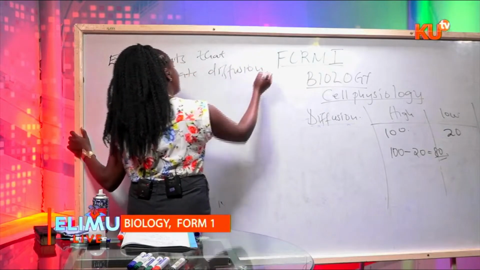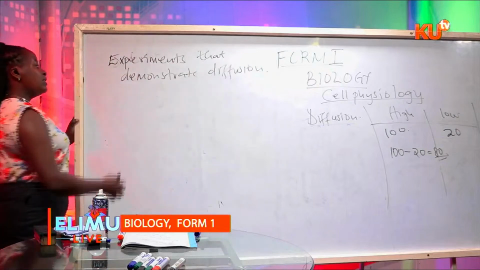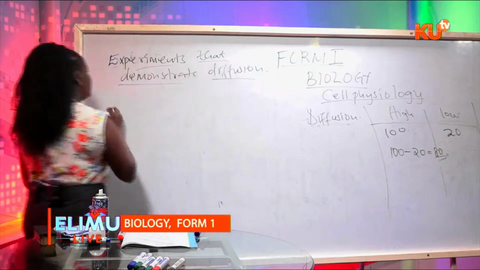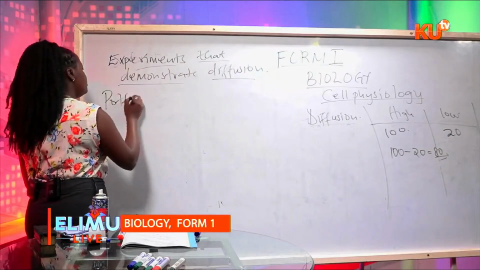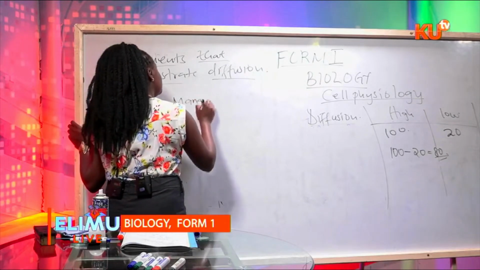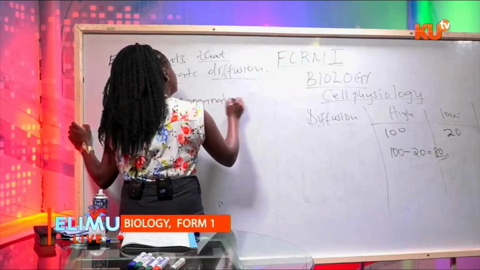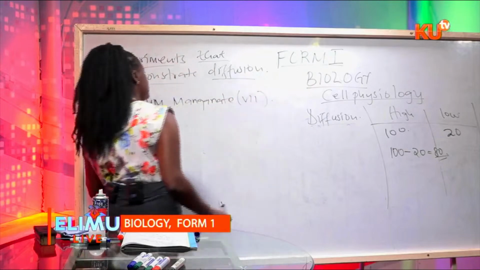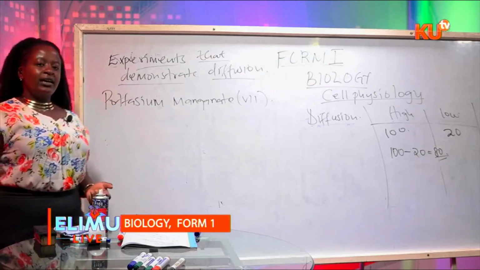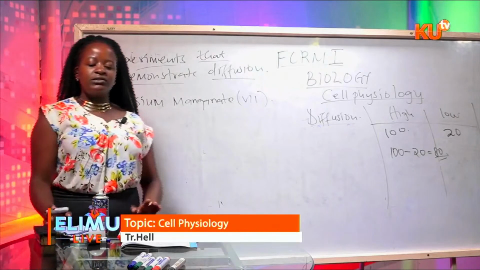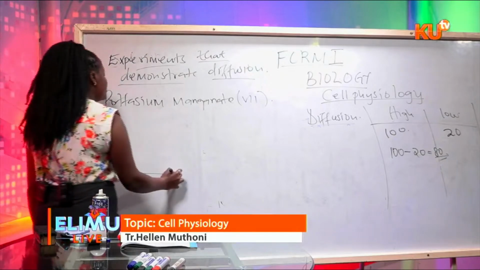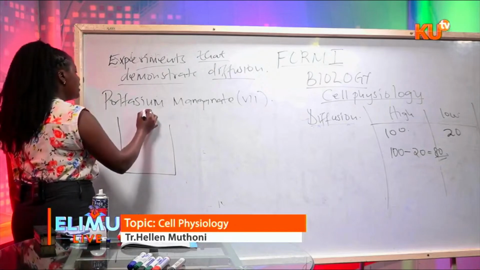The first experiment involves a chemical compound called potassium manganate 7. Potassium manganate 7 is purple in color, and it is used to demonstrate diffusion like this: a crystal of potassium manganate 7 is put in a glass rod.